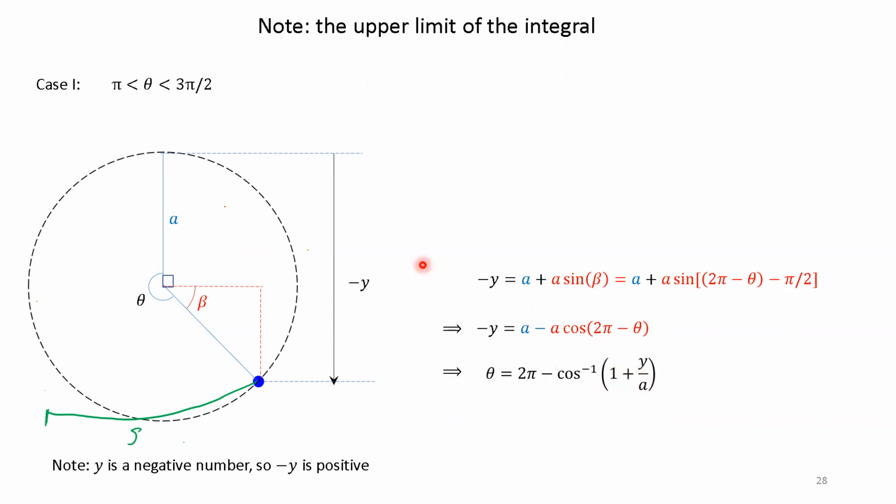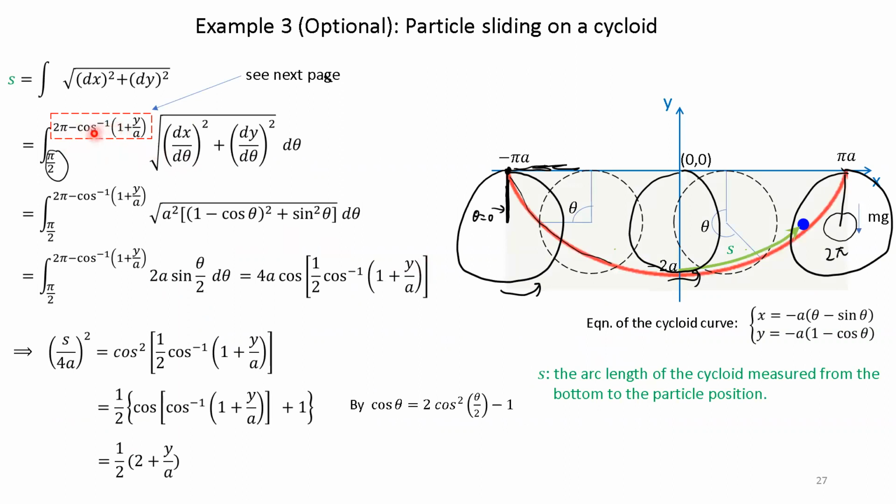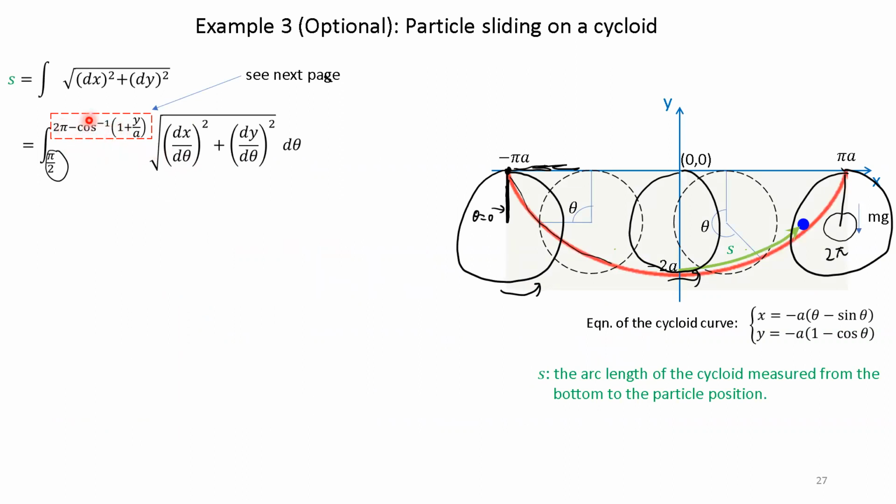So therefore I'm able to write down my upper limit as this. This upper limit is a number that depends on y. So this is what we want. Why do we want this? Because in the beginning, I told you that I want to express y in terms of s.